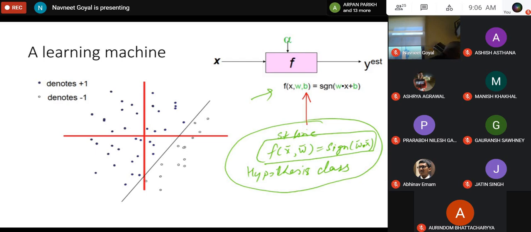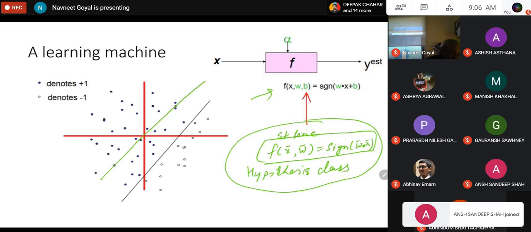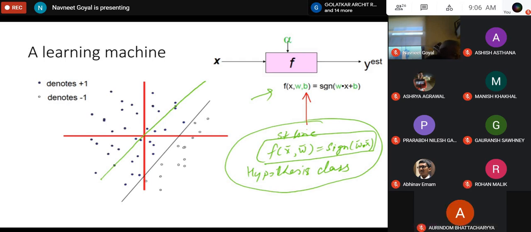Let me try some of them. Let me try this. Does it fit the data? No. So suggest some other orientation. Can I try this? Does this fit the data? No, we'll have to translate it. So anything we take which is passing through the origin is not able to fit this given data.